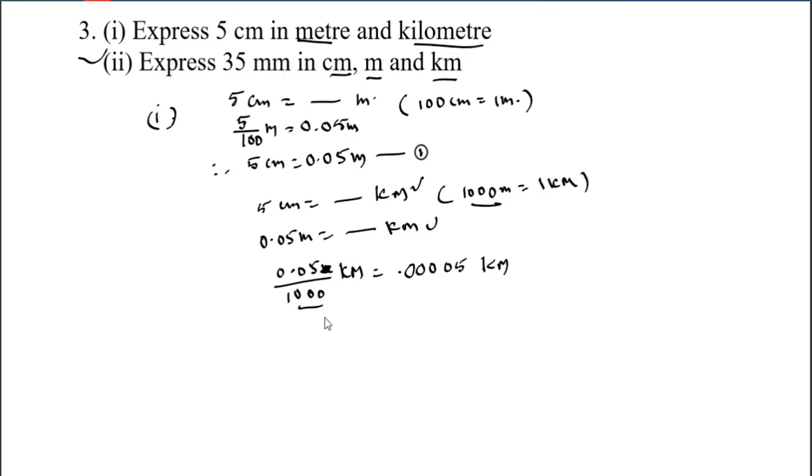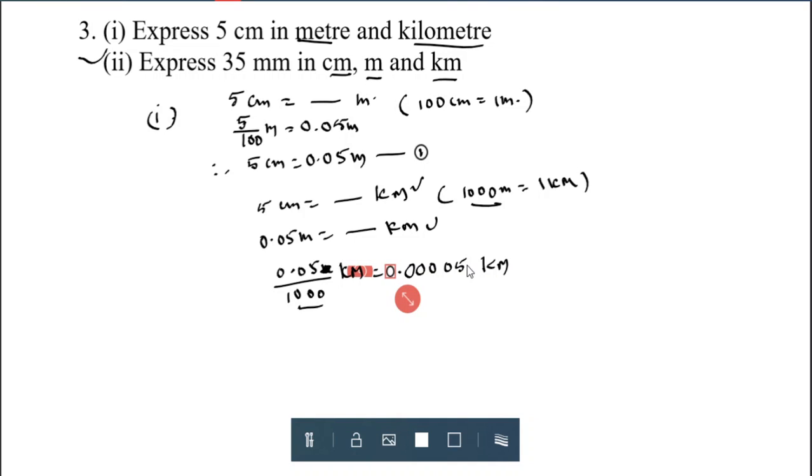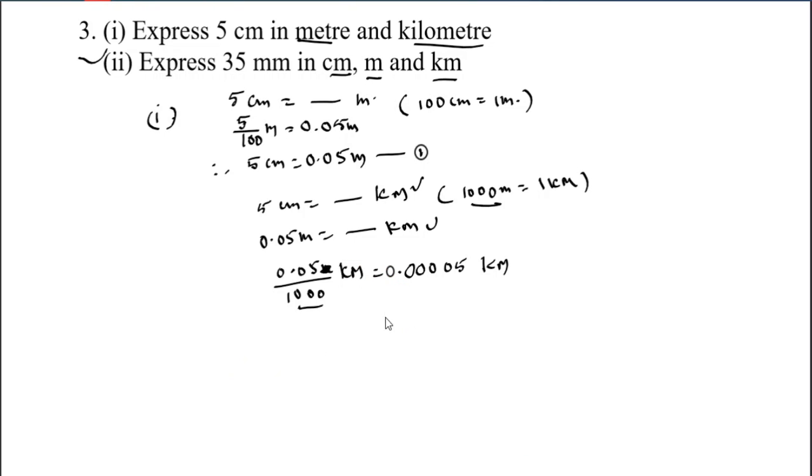So the result is 0.00005 kilometers. Therefore, finally, 5 centimeters is equal to 0.00005 kilometers. So this is the answer.